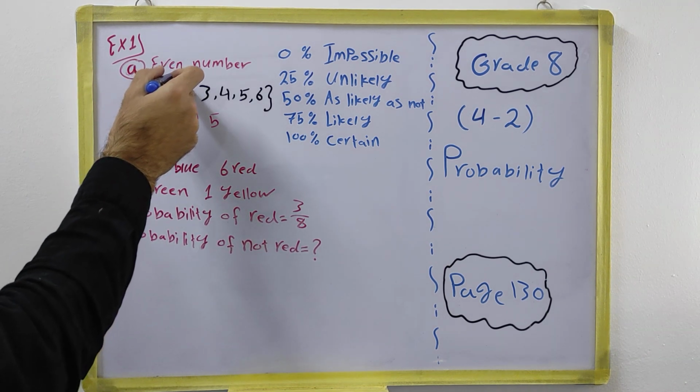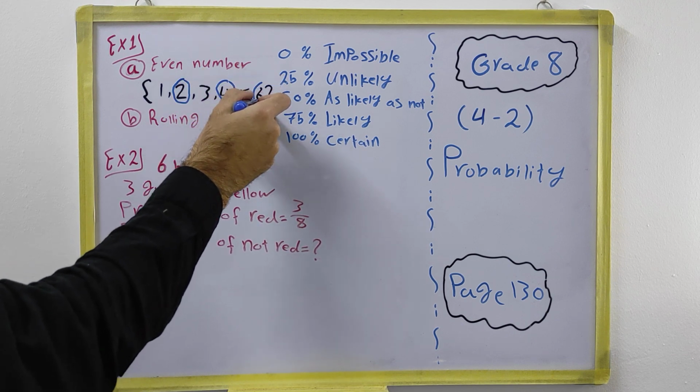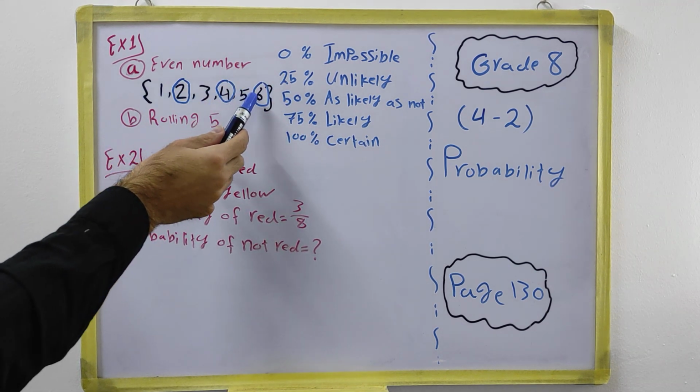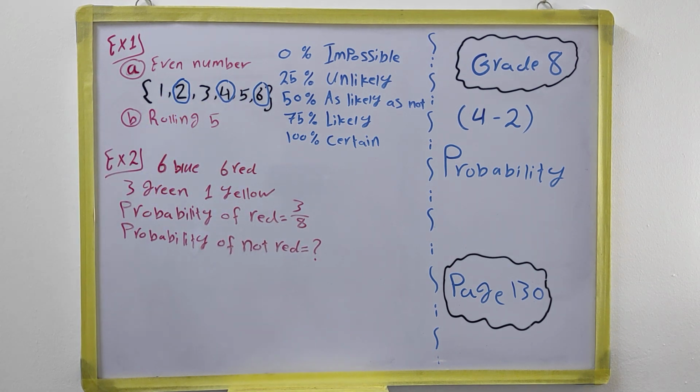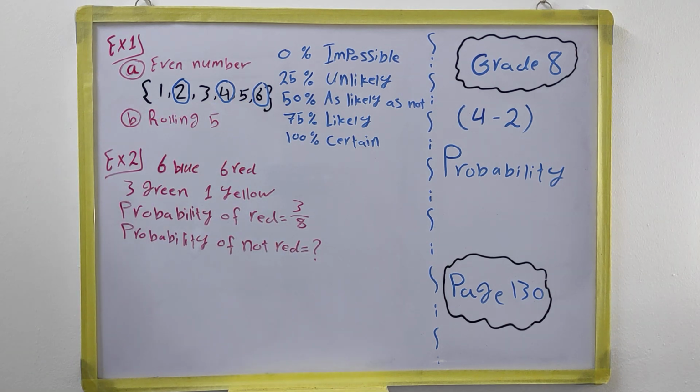Even numbers in the number cube, we have 2, 4 and 6. We see 6 possibilities, and 3 of them are even.